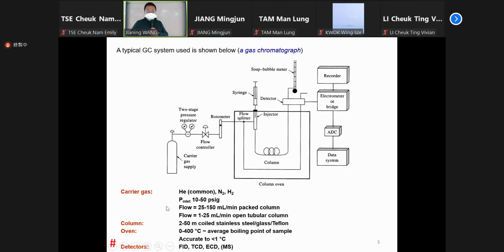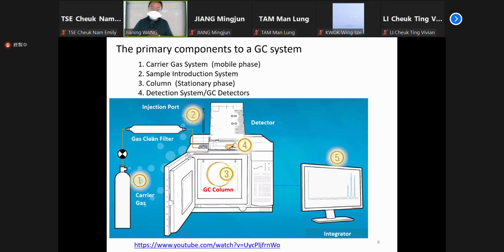So we should know the flow rate, which type of column they use, the mobile phase, and the oven temperature. For GC, we usually use a temperature controlled program, and we should consider which type of detector to use.